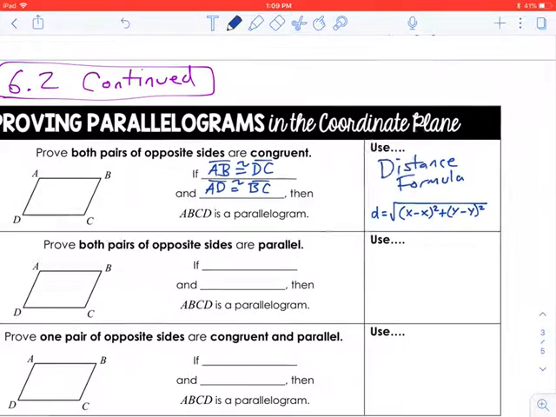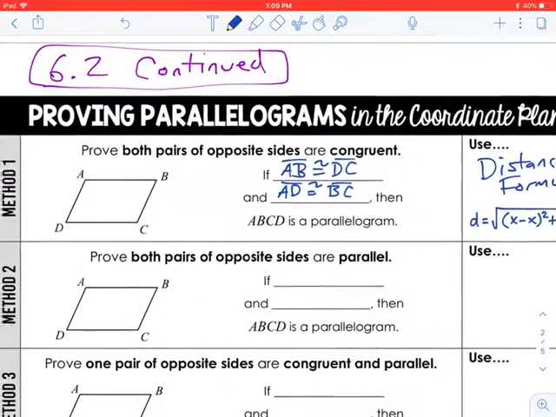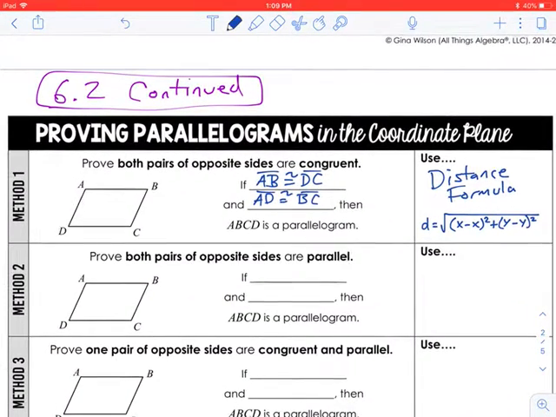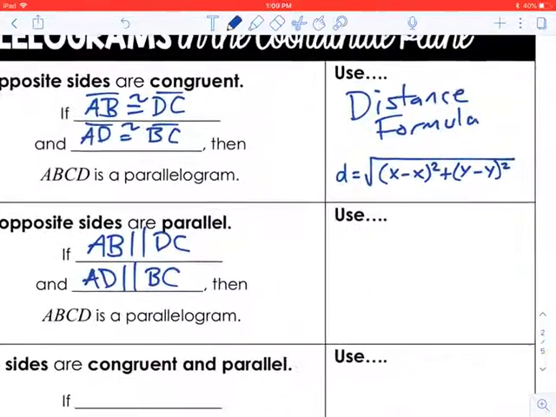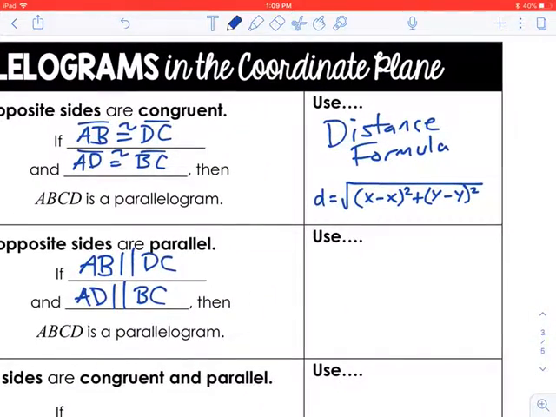square root. Now the other method is both pairs of sides are parallel. So if AB is parallel to DC and AD is parallel to BC, then ABCD is a parallelogram. But for us to know they're parallel, we need to use the slope formula.